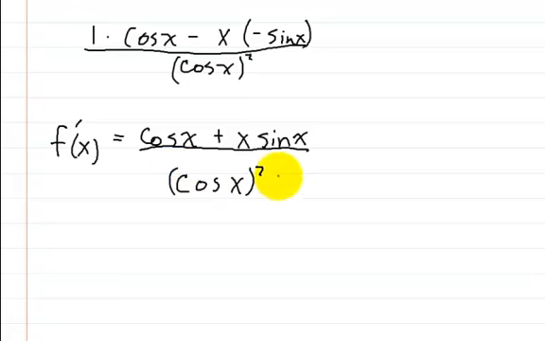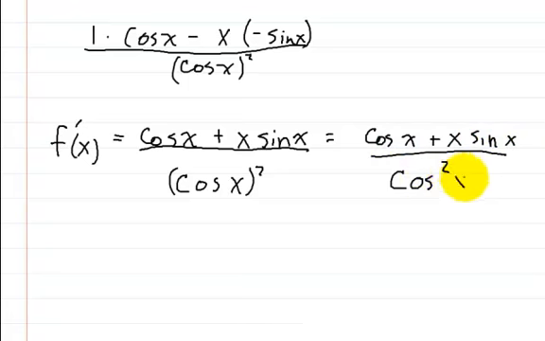And you could rewrite that to look like this: cosine of x plus x sine of x all over cosine squared of x. So exactly the same thing, just written a little bit differently here. Well, that's supposed to be a 2, sorry.